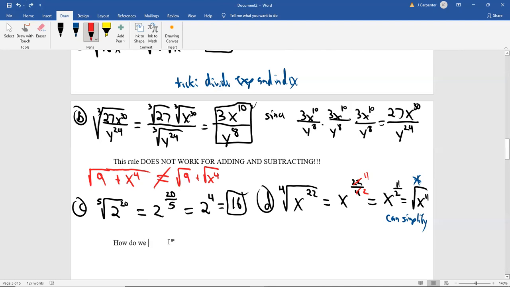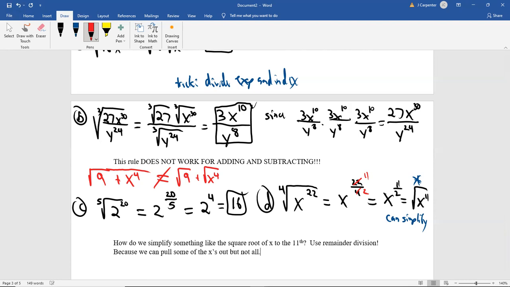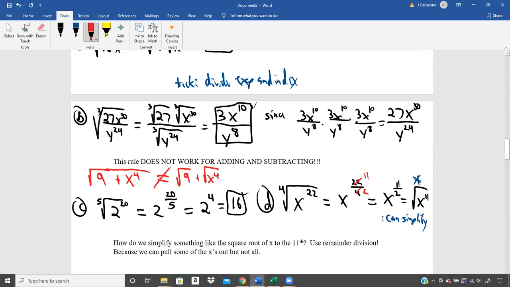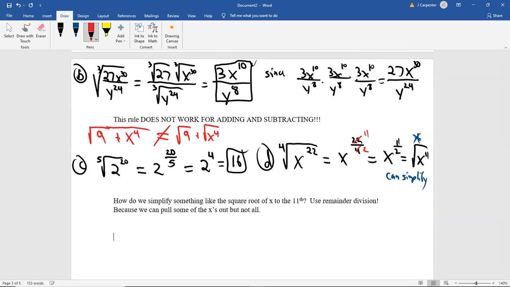So how do we simplify square root of x to the 11th? Use remainder division. Pull some of the x's out. Here's why.